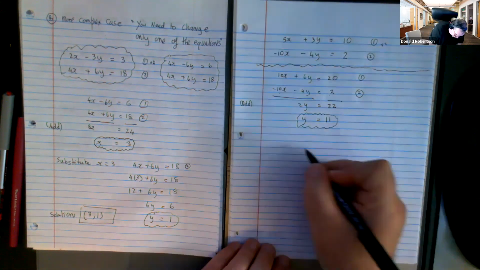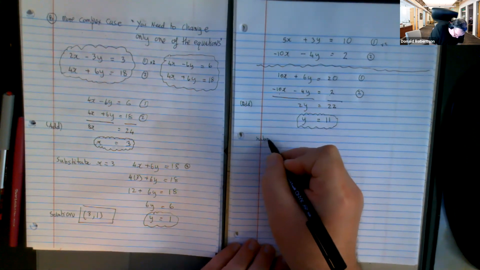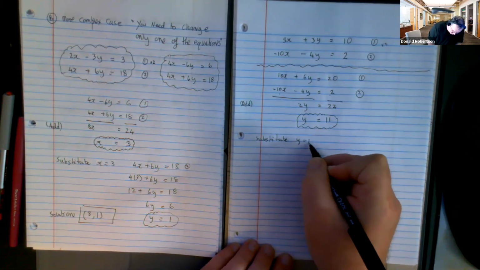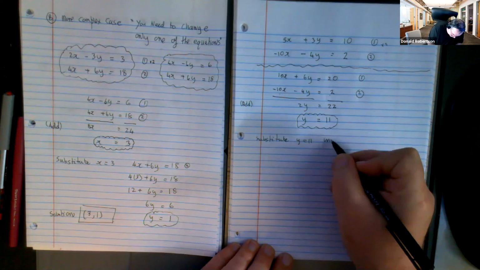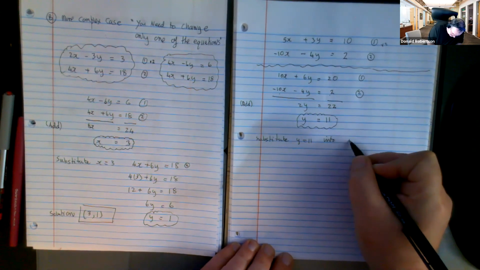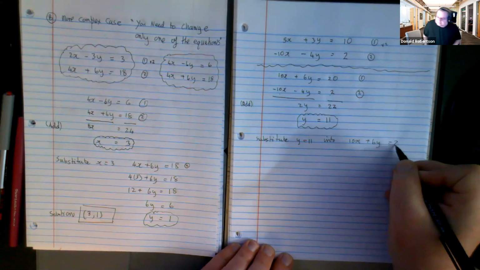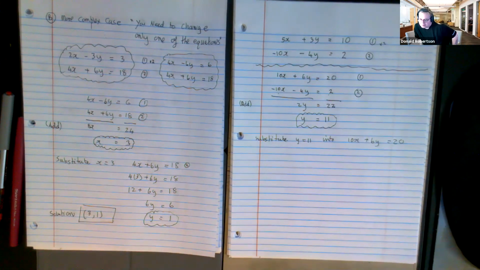And now I'm going to substitute y equals 11. And I'm going to substitute it into, and it shouldn't be a guess, I think most of you know which one I'm picking. Would that probably be the one you would have picked as well? Yeah, less negatives, less mistakes.